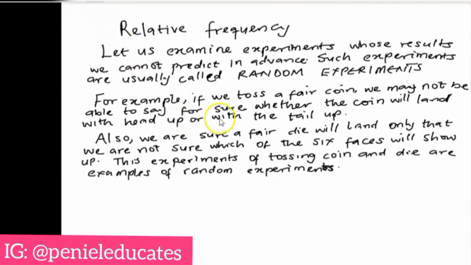For example, if we toss a fair coin, we may not be able to say for sure whether that coin will land with head or tail up. With a fair die, we know that it will land, only that we're not sure which of the faces, either 1, 2, 3, 4, 5, or 6, will land.